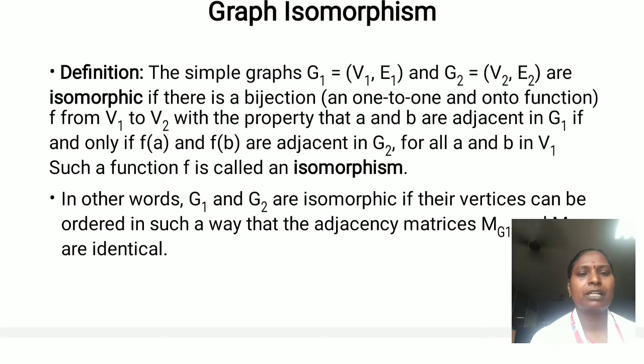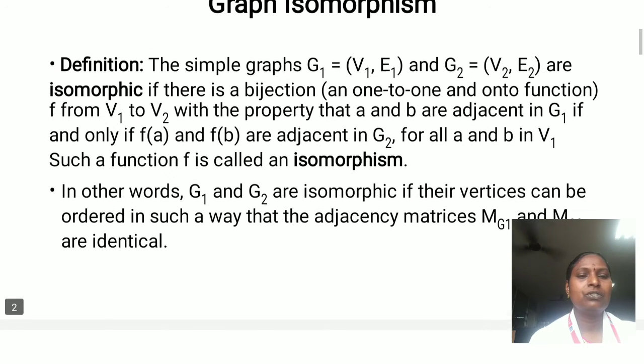They are isomorphic if there is a bijection, a one-to-one and onto function f from V1 to V2, with the property that a and b are adjacent in G1 if and only if f(a) and f(b) are adjacent in G2, for all a and b in V1. Such a function f is called an isomorphism.